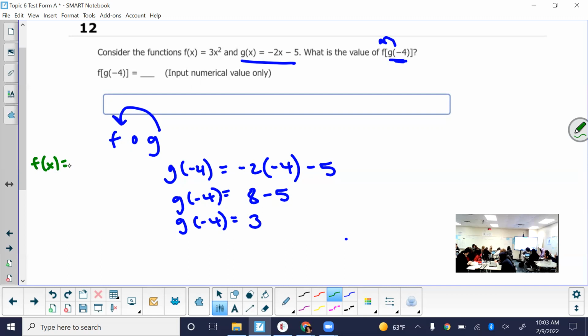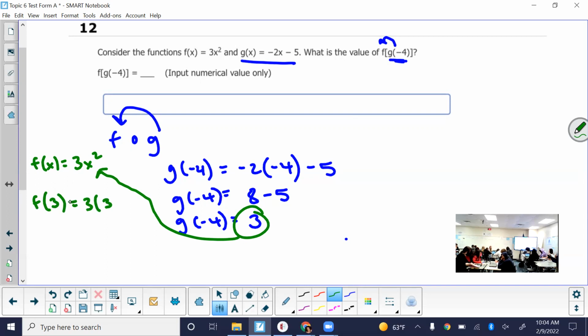But according to the instructions, it's 3x squared. And we're plugging in what g of -4 equals into the f function. So since it equaled 3, that is what is going in for the x. Am I making sense so far? So we plug in 3 for the x.